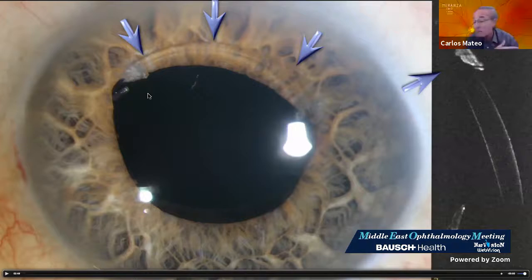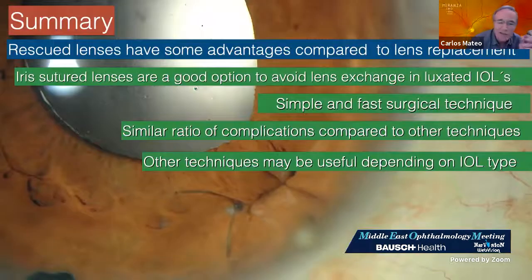I had one patient operated 2 weeks ago, and yesterday, 2 weeks later, the lens was perfect, and the patient had very good vision, but at the end this union between the haptic and the optical part broke. And this is for me a problem. You have to choose the right lens at the end.